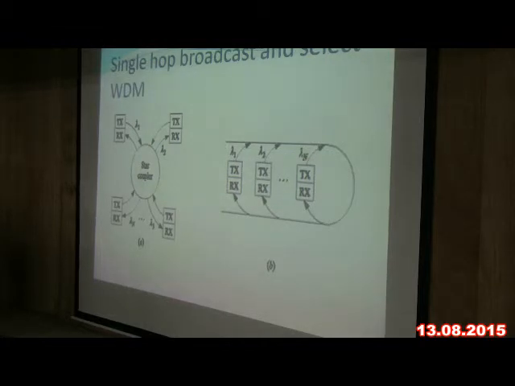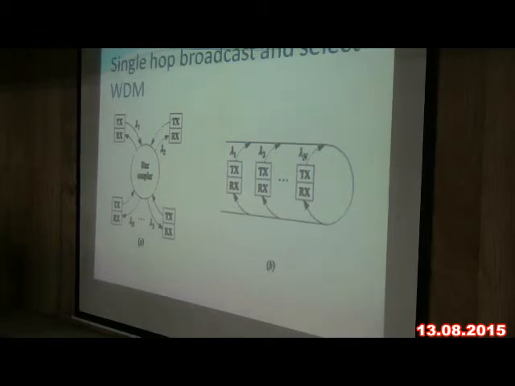Here we are connecting 4 nodes. The 4 nodes are transmitting signals using the wavelengths lambda 1, lambda 2, lambda 3, up to lambda n. If transmitter 1 transmits the signal using the wavelength lambda 1, at the same time node 2 transmits the signal using the wavelength lambda 2.